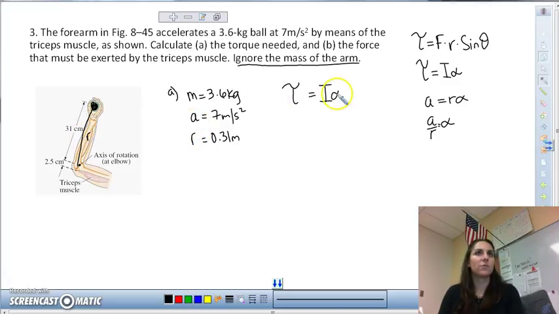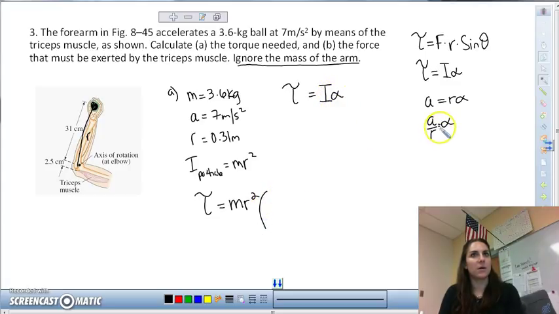So I for a particle is going to be m r squared. So tau, the torque needed, is going to be m r squared times alpha, which is a over r. And then you can see one of the r's cancels. So m r a is going to be our torque.